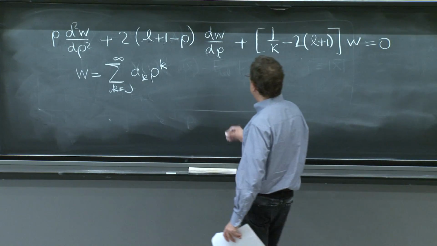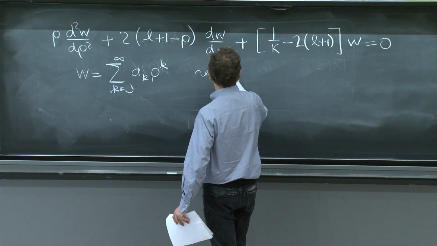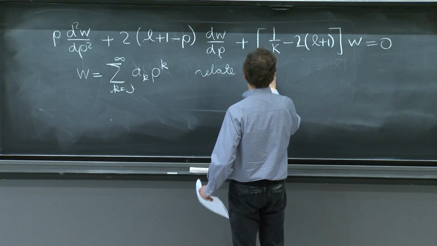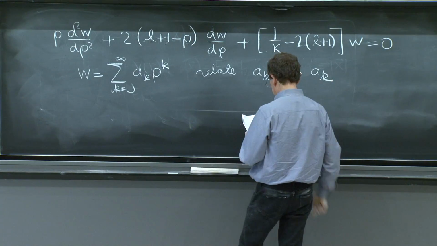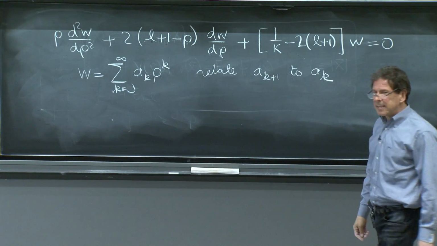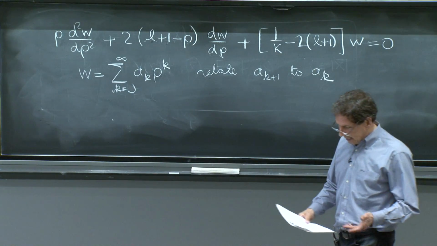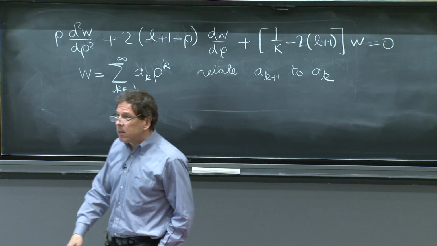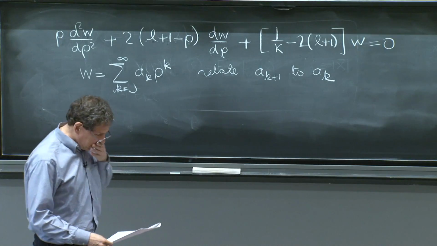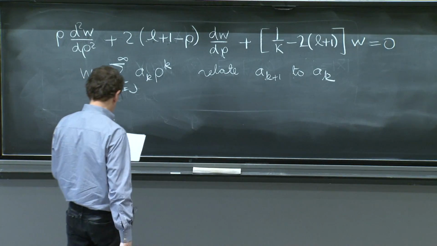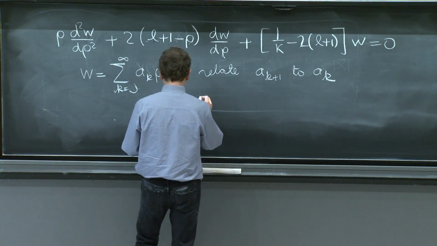So this will relate a_{k+1} to a_k. So that's algebra. It's a good skill to be able to do it, but it would not be a very good use of our time to do it right now.